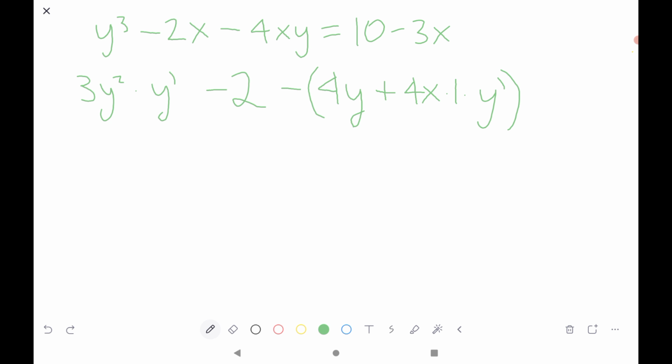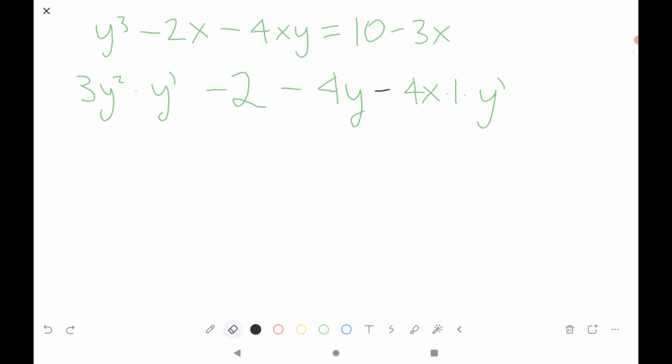So just to simplify this a little bit, if we wanted to simplify, we could simply remove the brackets and change this to a minus. And then we can just multiply this together.